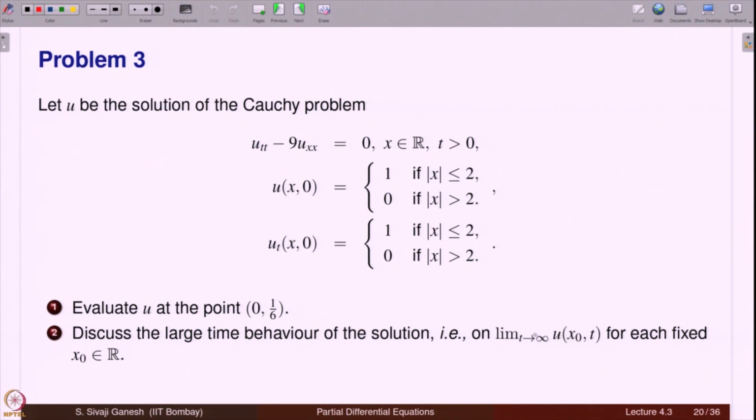Now, if you observe phi(x) and psi(x), phi is discontinuous, right. In the interval minus 2 comma 2, the function is 1, outside that it is 0. So, it is a discontinuous function, forget about C2. Similarly, both phi and psi are the same and they are not continuous.